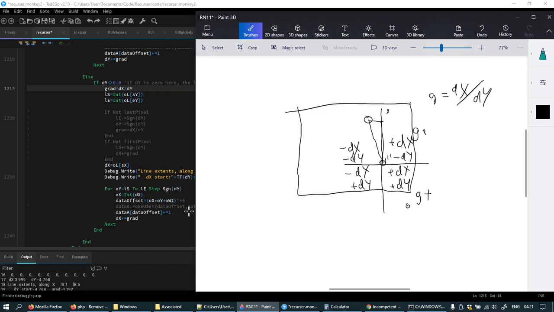In this quadrant, I want the grad value to be negative, because the x value steps in this direction towards the left of the screen as the y value decreases. And in this quadrant, I want the grad value also to be negative, because the x value decreases as the line steps down the y-axis.